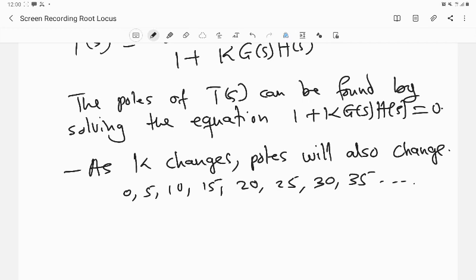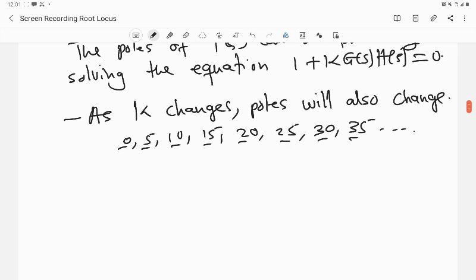So for each of those values, I get some roots. When you plot them, you will see that they follow a particular path, and this is what we call the root locus. We'll deal with more about that later, so you get to understand it.